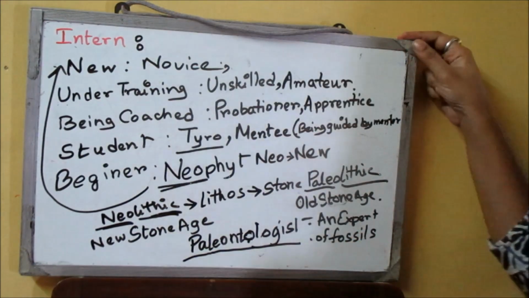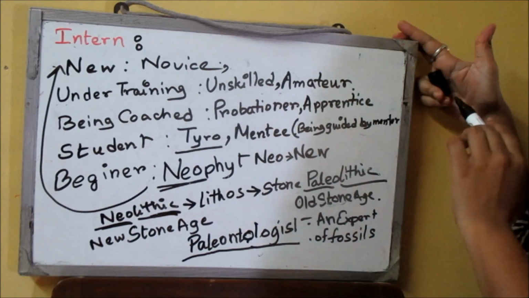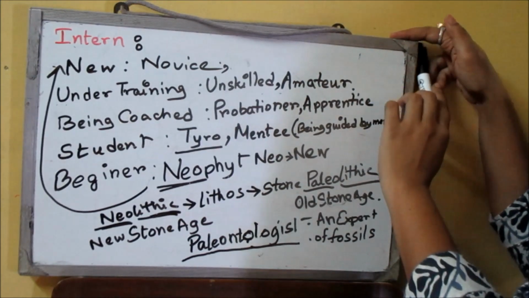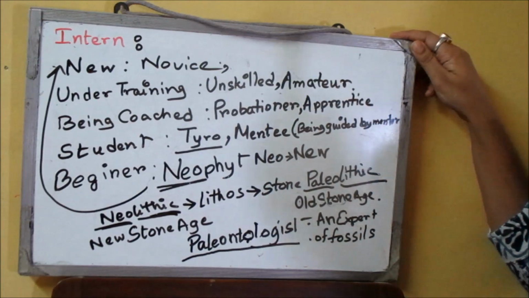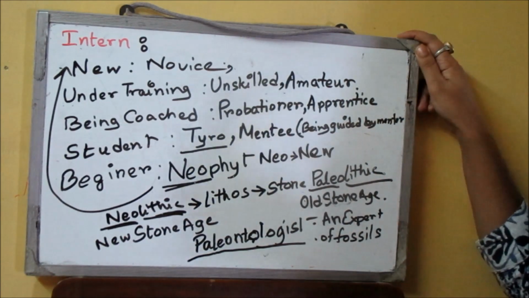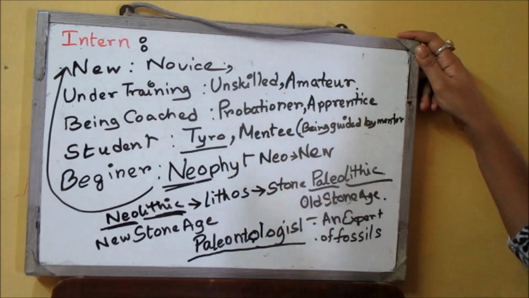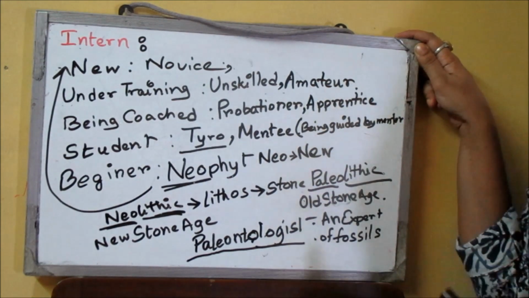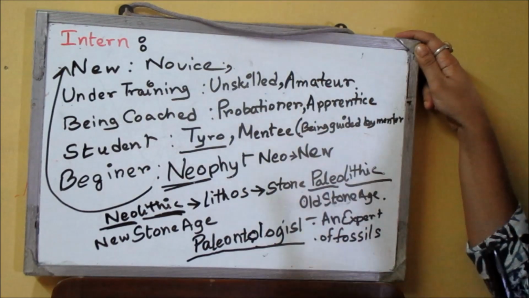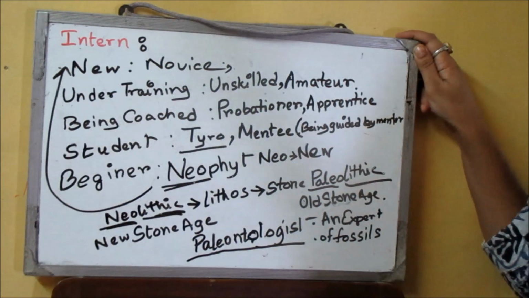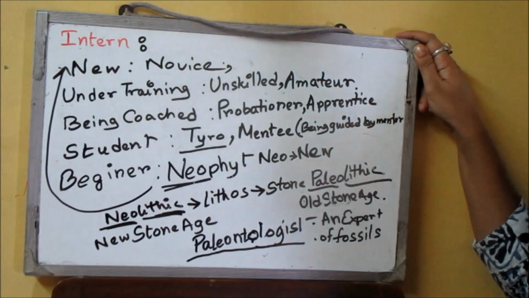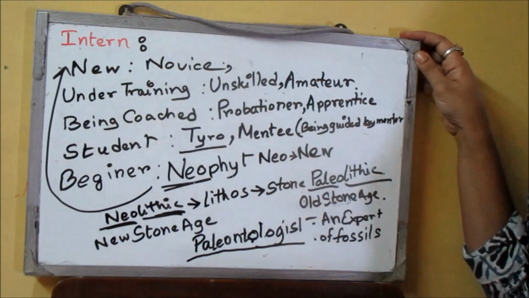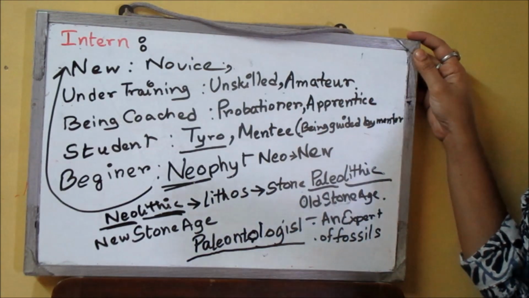What are fossils? Fossils are basically remains of organic things buried under the stone for millions of years. Fossils are remains of organic things like plants, animals, or any other organic things that have been buried under the earth, under the stone for millions of years, right?